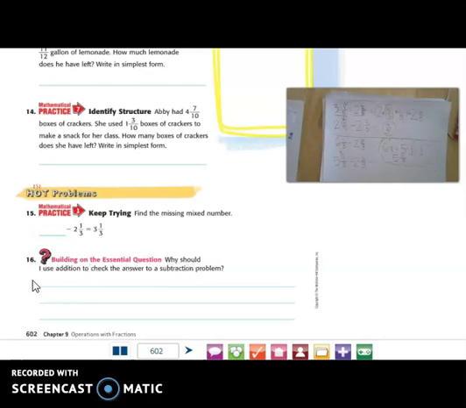Essential question, why should I use addition to check the answer to a subtraction problem? Well, the same reason you always check your work, right? First, you always do the opposite when you're checking, and you want to make sure that you've got the correct answer. You can go back and read your example problems to help you phrase it in your words.